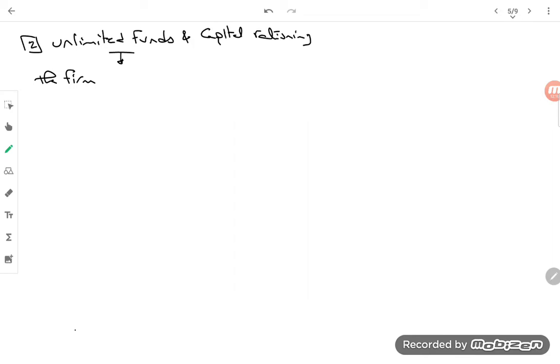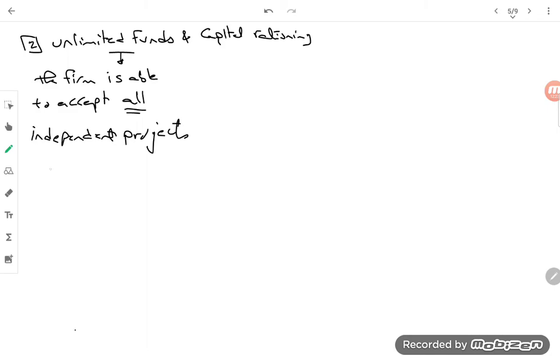So it's a situation in which the firm is able to accept all independent projects that provide an acceptable return.